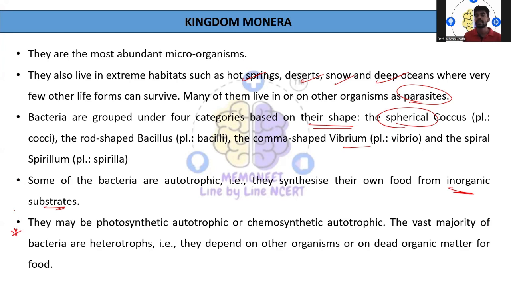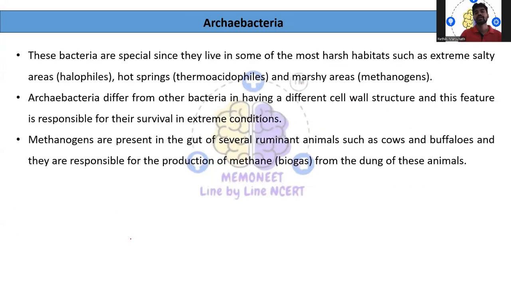Chemosynthetic autotrophs utilize inorganic components and get their nutrients from them. The vast majority of bacteria are heterotrophs, that is, they depend on other organisms or dead decaying matter for their food, so sometimes bacteria also act as decomposers.